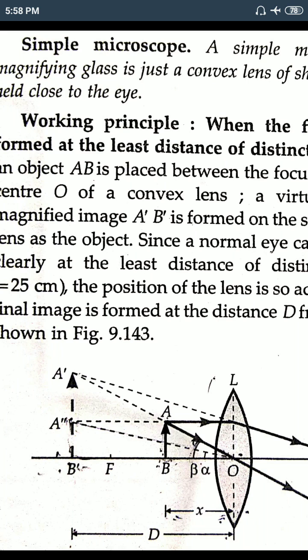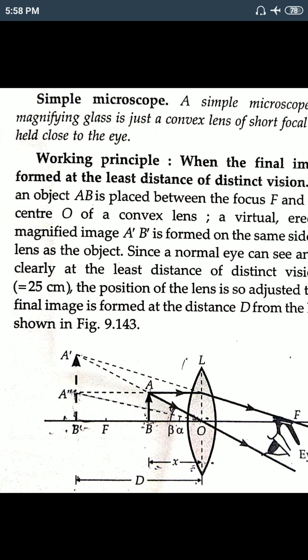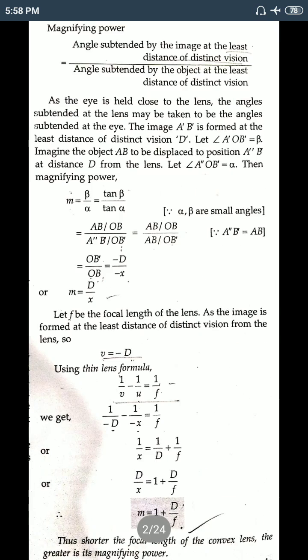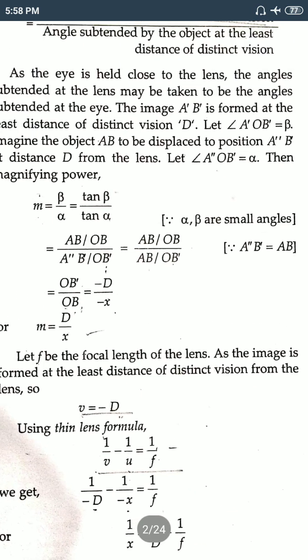Now A'' B'' is also the same height as the object, so in place of that we can write AB. Here you see that A'' B'' equals AB. If we put it over there, AB cancels, and we have OB' by OB.